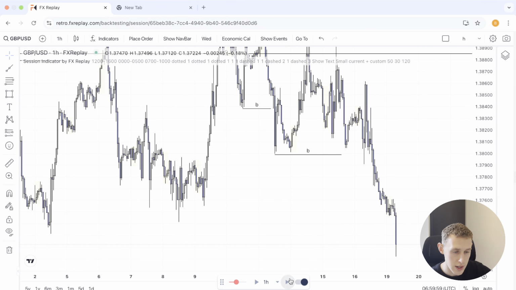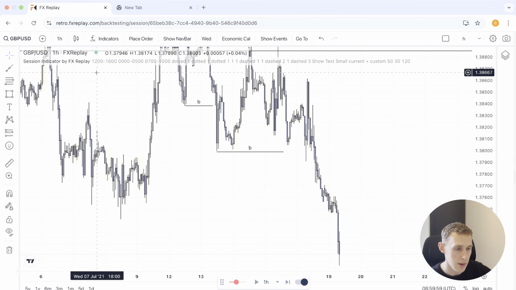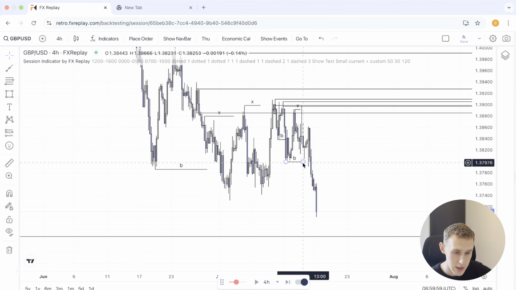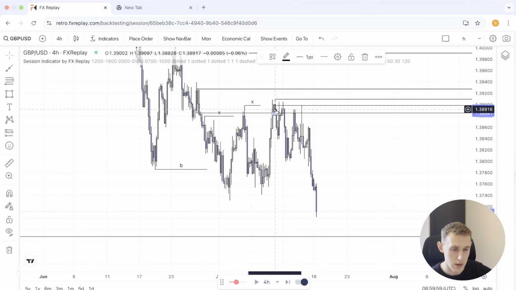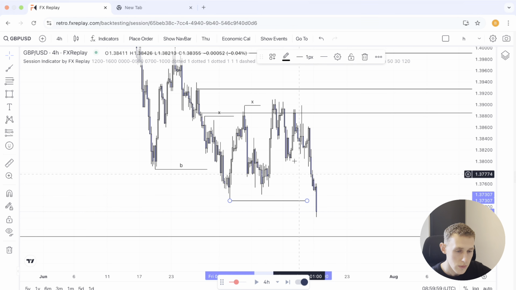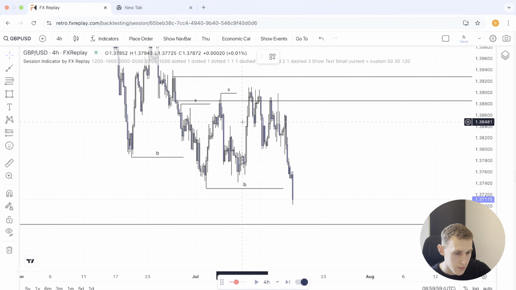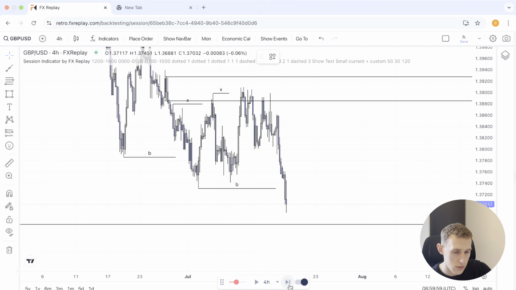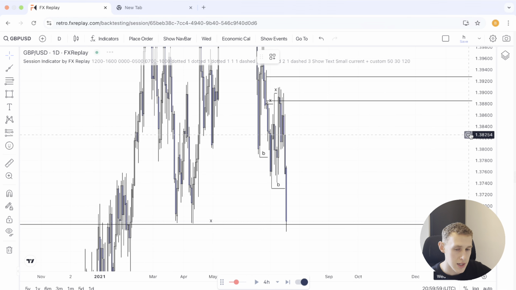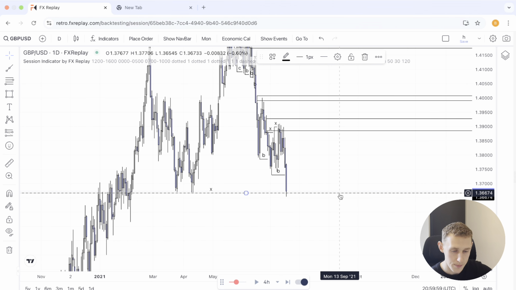Let's see if price can start to pull back. Okay, no, so it has now broken that main higher time frame low, as you can see right there, which was this one. If we zoom back out, and yeah, we also now have grabbed that daily target, so this daily liquidity level.